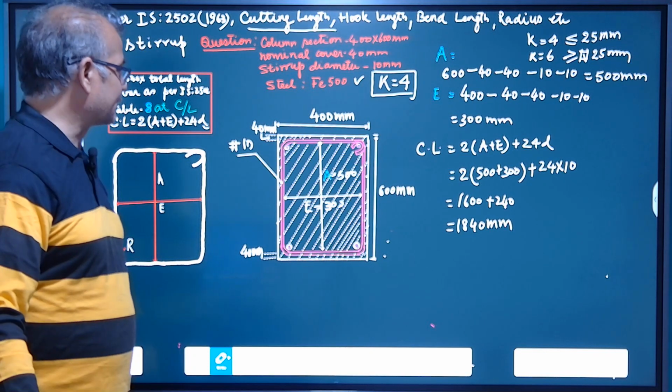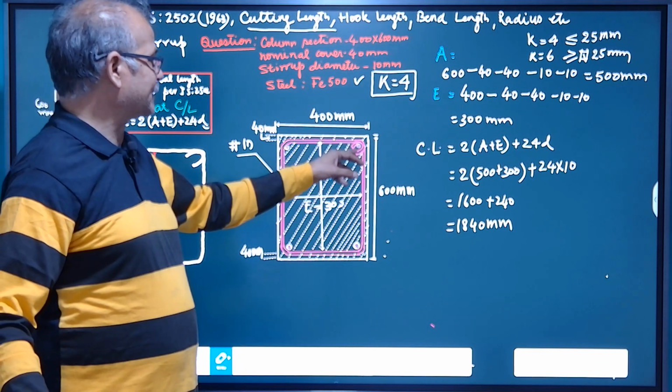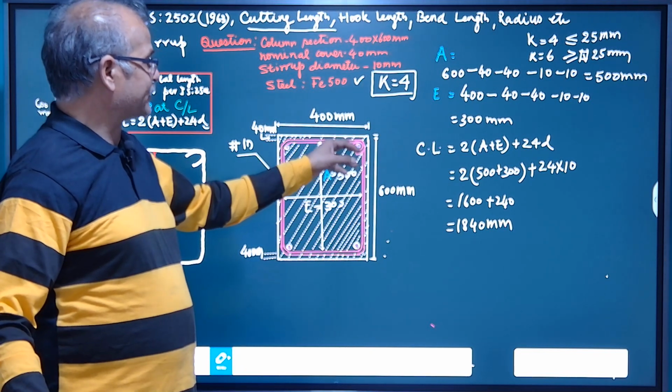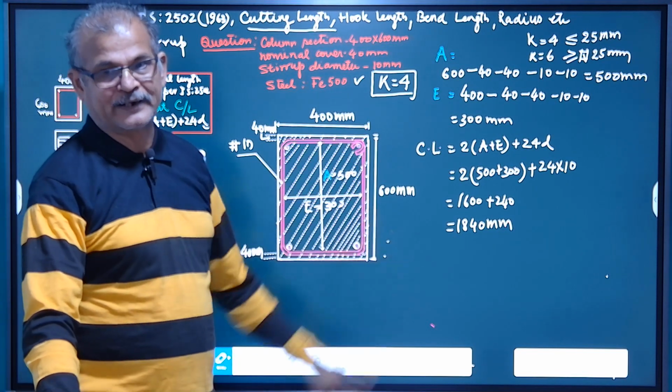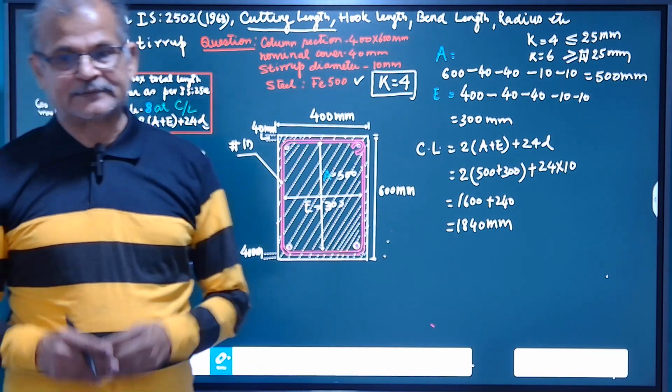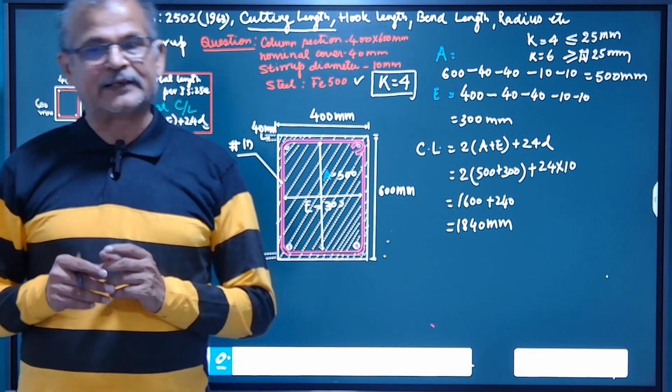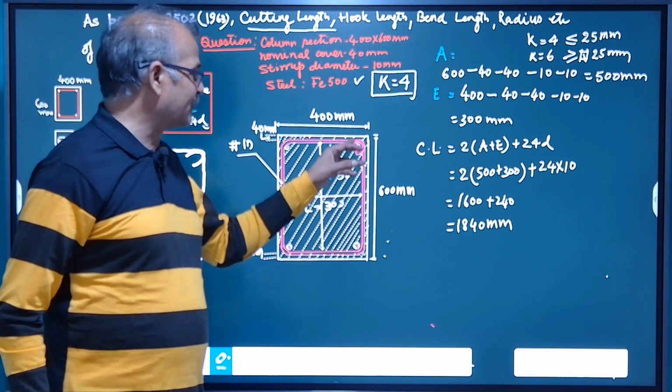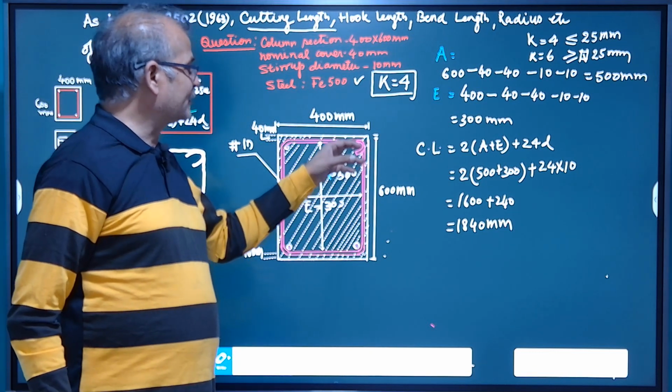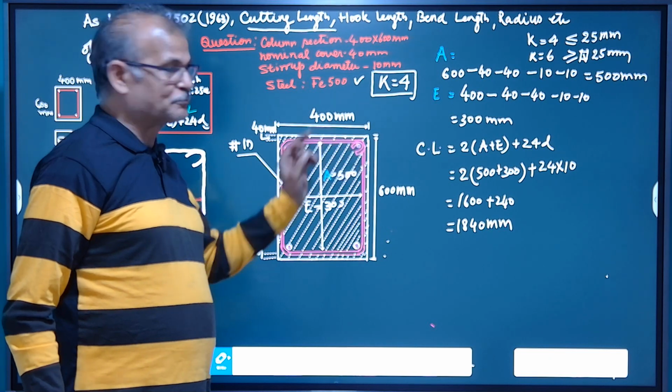Now how do we find out how much length of this 1840 mm will go in making the hooks? For this we need to determine the hook length, meaning the curved portion and the straight portion of the hook.